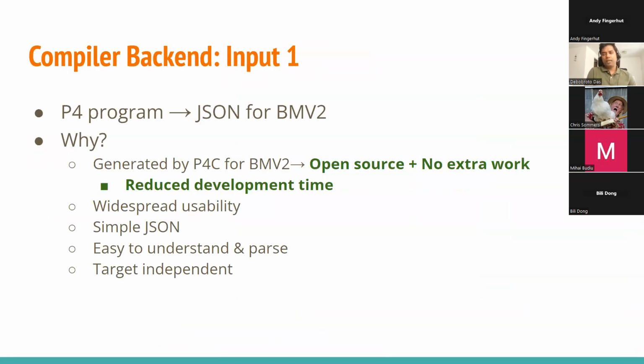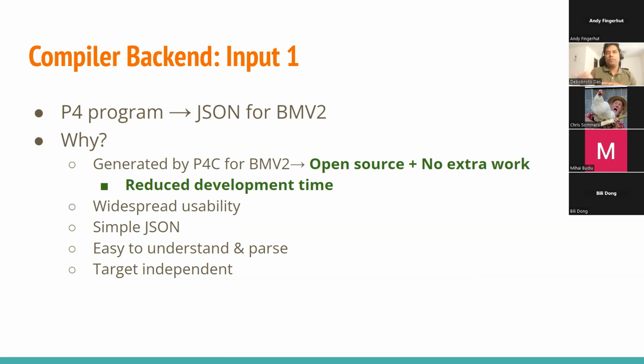A bit more about the first input, the JSON representation for the BMV2. The P4C toolset can give you the JSON representation for the BMV2 backend, which is not the real intermediate representation, because P4C gives one even earlier stage of intermediate representation. I have not used that because it is a bit hard to understand and tough to parse.